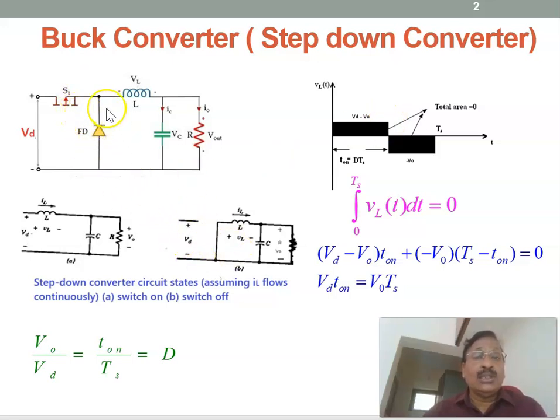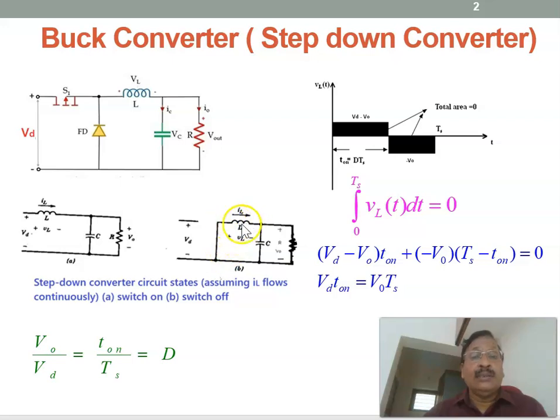Now, when the switch is off, the energy stored in the inductor will drive the current in the same direction, so the voltage polarity will become plus here and minus here. That forward biases the freewheeling diode, so there will be a current through the freewheeling diode, and the corresponding equivalent circuit is shown here.